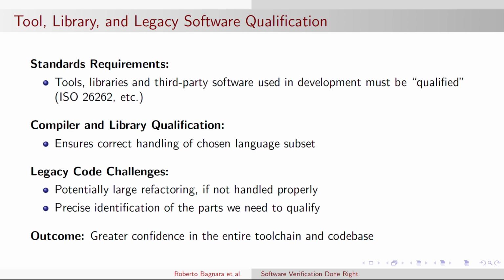Another important topic is that typically when we adopt legacy code projects, we don't want all of them. We only use part of them, and precisely identifying the part that we use is, of course, essential in order to reduce the qualification effort. The outcome of these steps is having greater confidence in the entire toolchain and code base.